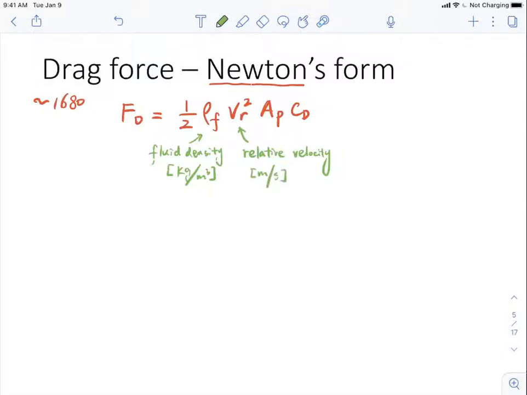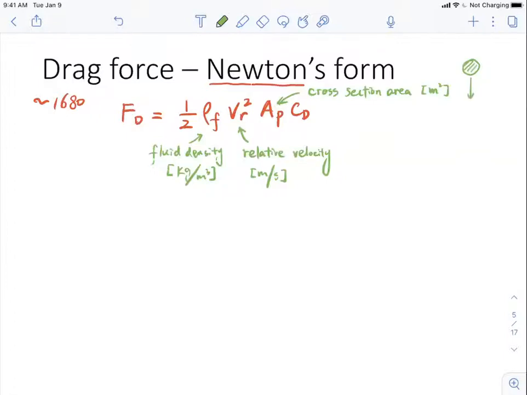And this A_P here is the cross-section area. It has a unit of meter squared. The cross-section area is basically the area that's perpendicular to the fluid's motion, or perpendicular to the relative velocity. Let's say there's a particle, a raindrop, that's dropping down to the ground.